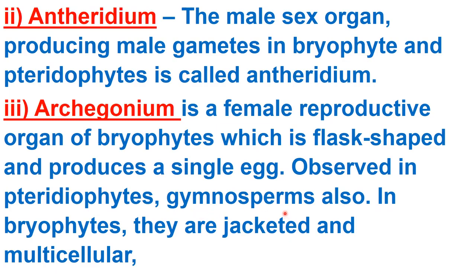The next division that you will learn is gymnosperms, and in that also you will see that Archegonium is present. The only difference is that in bryophytes they are jacketed and multicellular. Jacketed means a layer of sterile cells is present around the archegonium, and multicellular means made up of more than one cell.